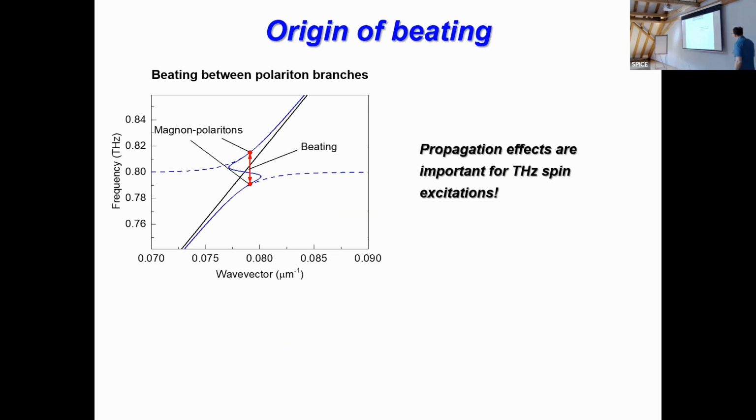And this is an illustration that propagation effects, so the effects connected to the electromagnetic component of the terahertz magnon excitation, are important in the conventional terahertz experimental geometries.